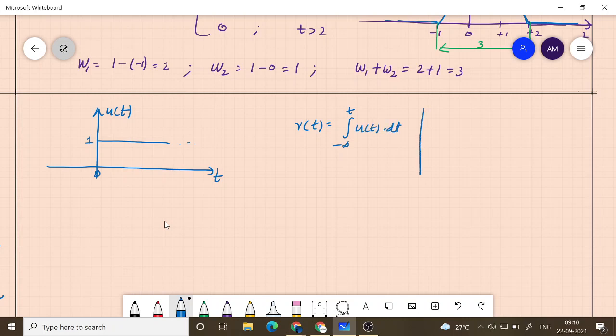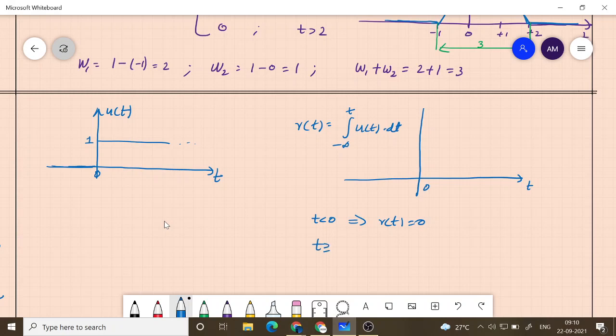So if I do this integration, whenever t is less than 0, you have 0. There is nothing to integrate here. It is all 0. But from 0 onwards you have 1. So for t less than 0, r of t is equal to 0.